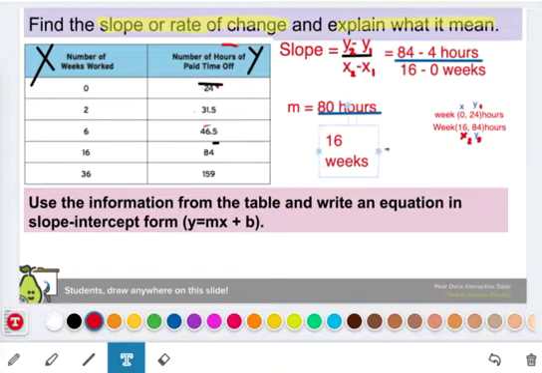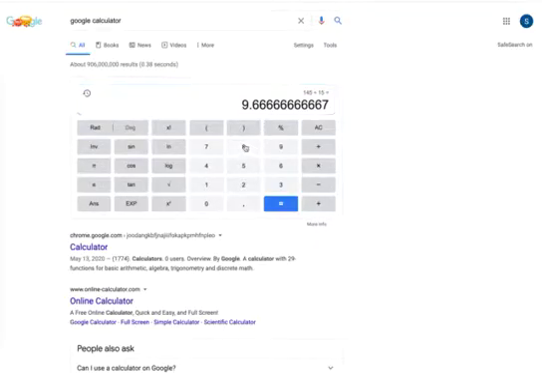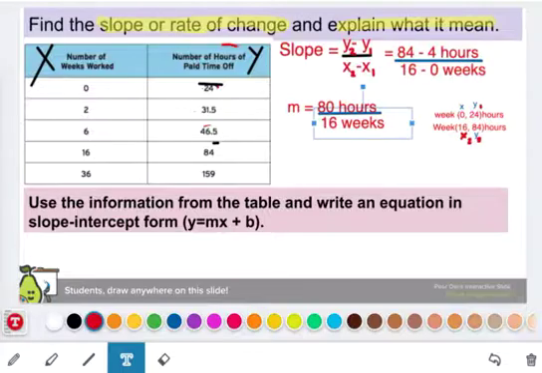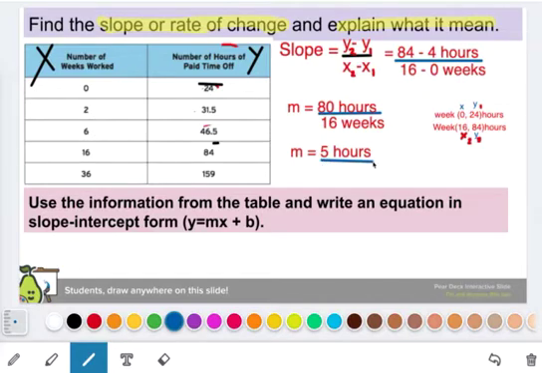We can divide both numbers by 8. Does 16 divide by 8? Does 80 divide by 16 evenly? Let's see. Yep, we got 5 hours. So our slope is 5 hours over 1 week. If we divide by 16, we get 1 week.